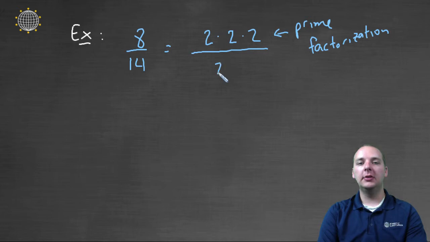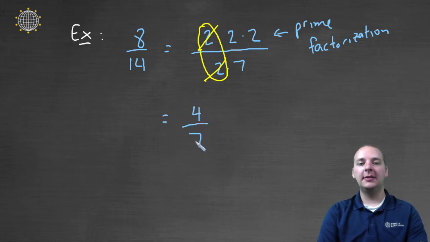And then 14 is 2 times 7. And then I'm going to see, is there anything common in the numerator and denominator? For example, the 2 over 2, this ratio is equivalent to 1. So we can actually cancel these. And so our final answer would be 2 times 2, which is 4, divided by 7. So 8 over 14 simplified or reduced is 4 over 7.